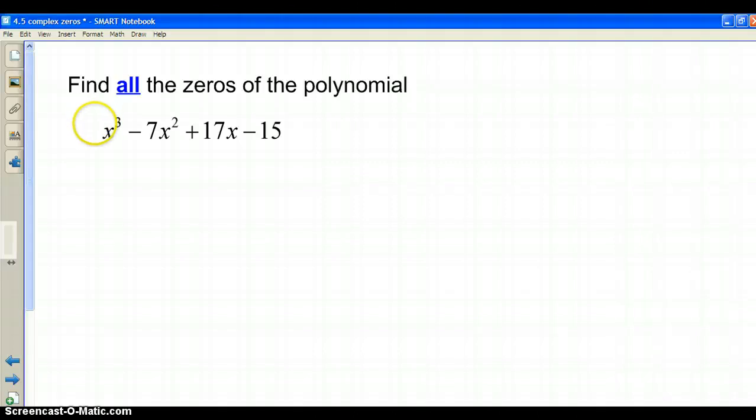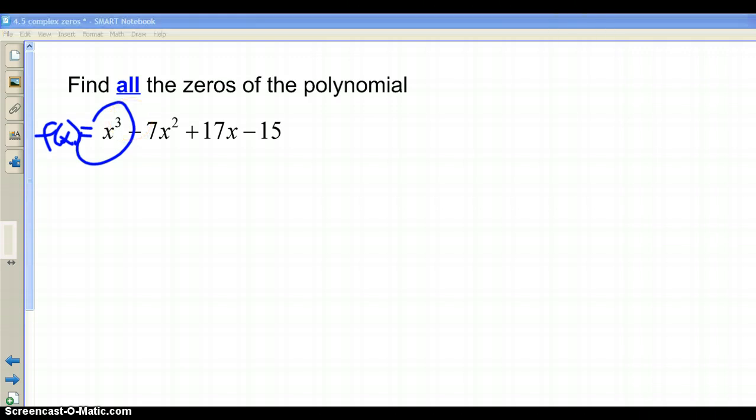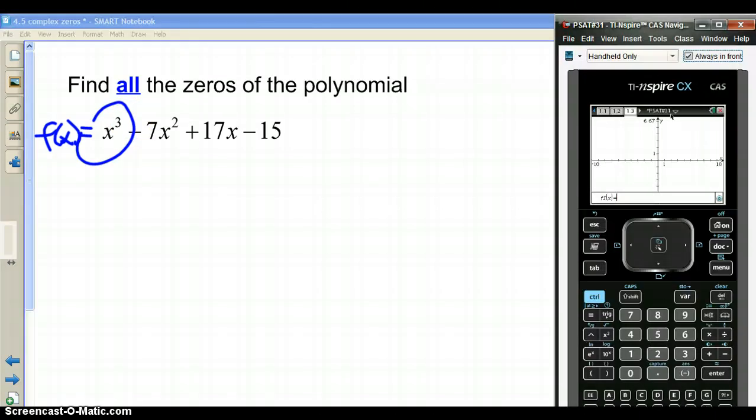So again, it's to the 3rd power, and I should probably have f of x here or something like that. But the function starts with the 3rd power, so I've told you that you can find one of the roots from the calculator. So I recommend just go ahead and bring up a calculator, and we're going to type in x to the 3rd power minus 7x squared plus 17x minus 15.